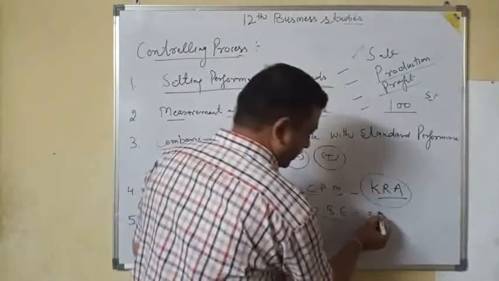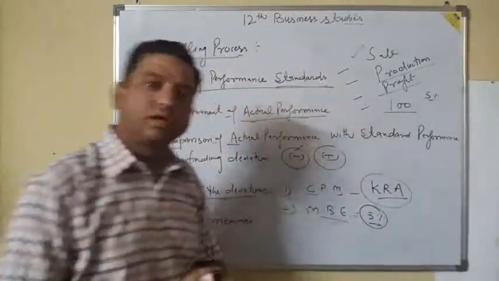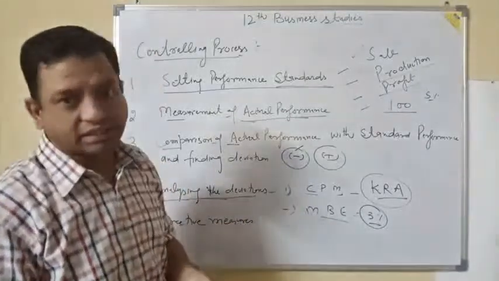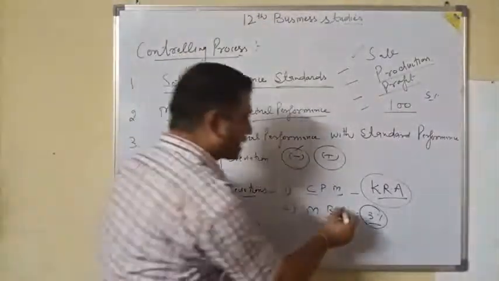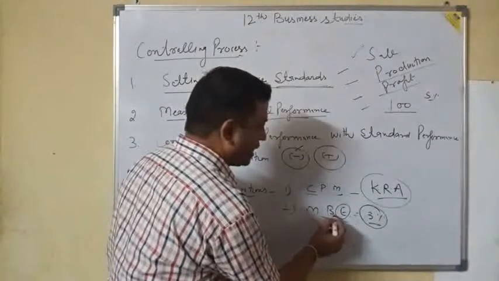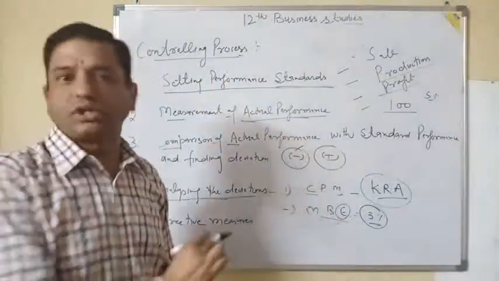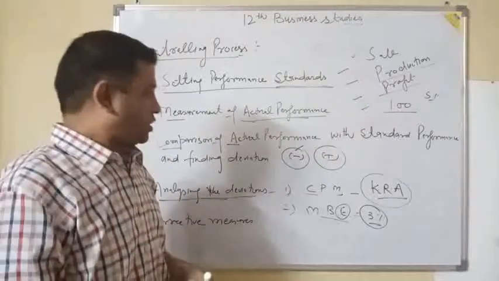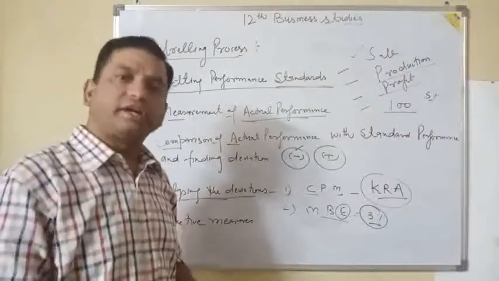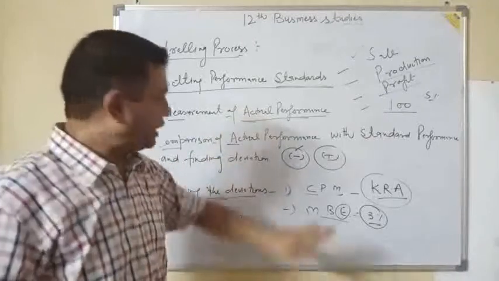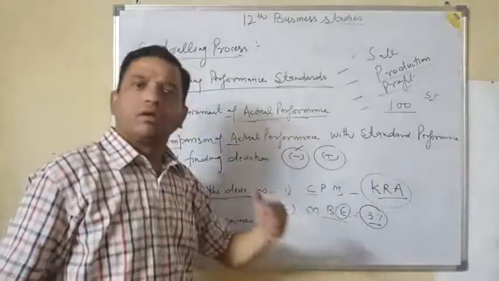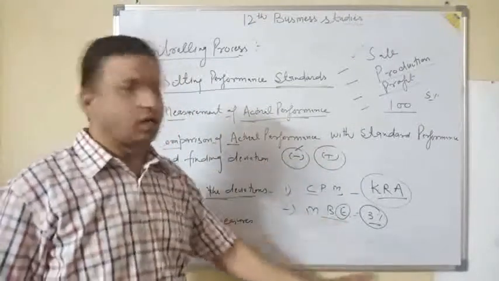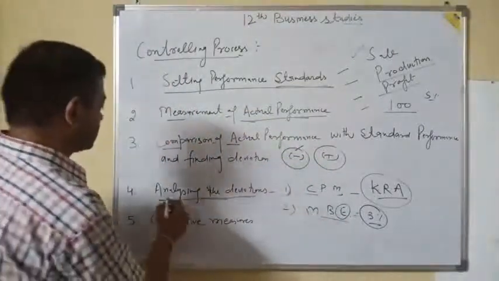So if the decrease in the sale is up to 3%, it is okay, no need to take any corrective measures, it is acceptable. Only exceptional, rare, unexpected matters should be taken into the notice of top level management, and all other routine minor matters should be sorted out at the ground level. This is analyzing the deviation.